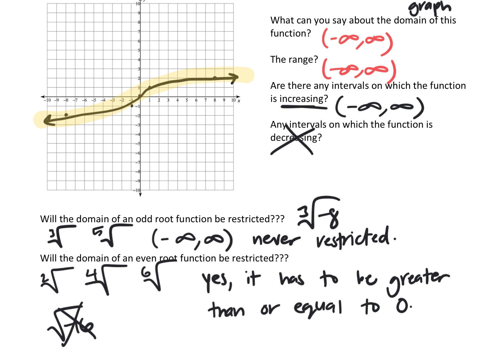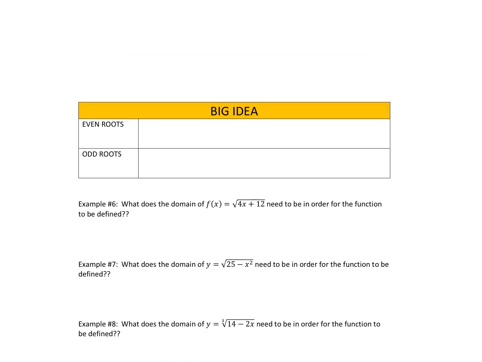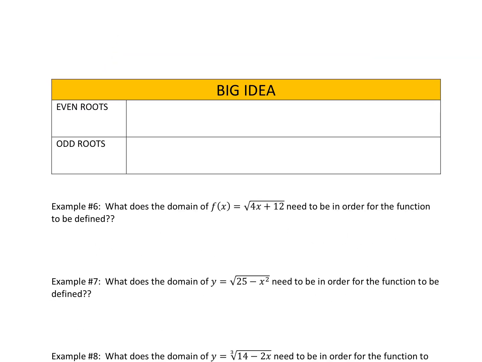All right. Big ideas, look at a few examples. We'll be done. Okay, big ideas. I'm going to rewrite the same exact thing here. When we have even roots, you must have, oh, that's way too large. I'm going to say must be positive or 0 under the radical.